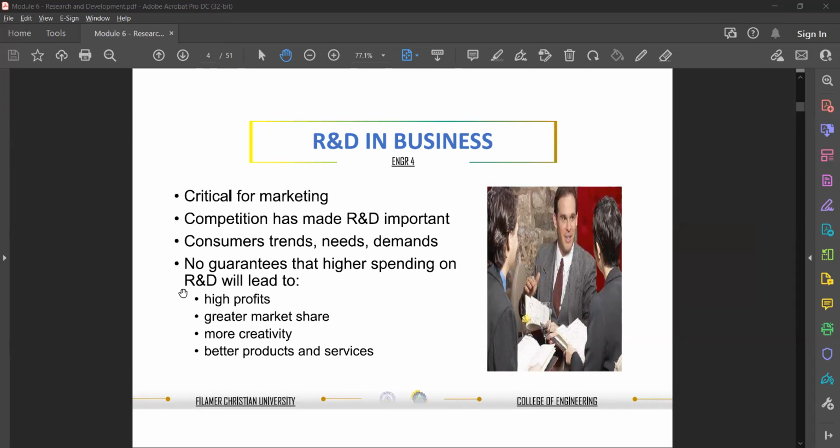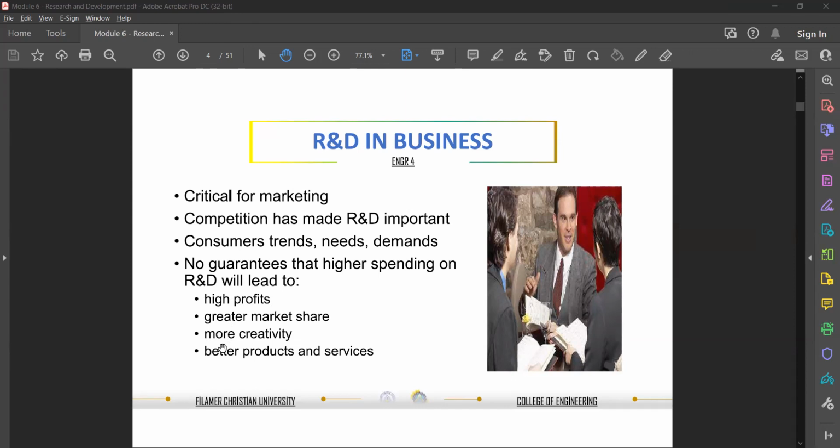So in business, R&D has no guarantees. Walang guaranteed, no, that higher spending on R&D will lead to high profits. So meaning this is just purely investment with high risk. Walang guarantee na meron kang kita dito, high profit, a greater market share.